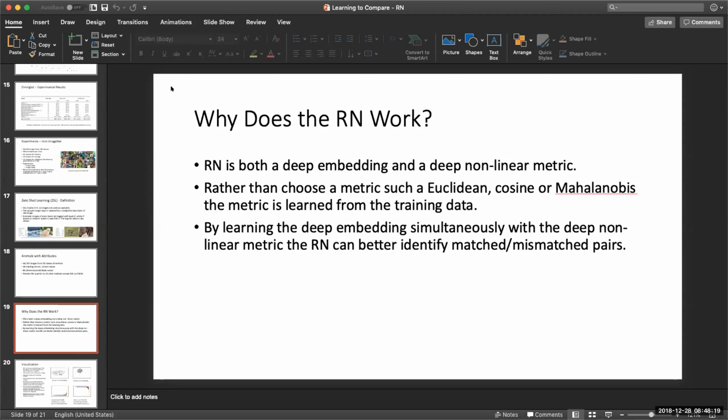So rather than choose a metric ahead of time, say a Euclidean metric, a cosine distance, or a Mahalanobis statistical type distance, the metric is learned from the training data. And by learning the deep embedding simultaneously with this deep nonlinear metric, the relational network can better identify matched and mismatched pairs.